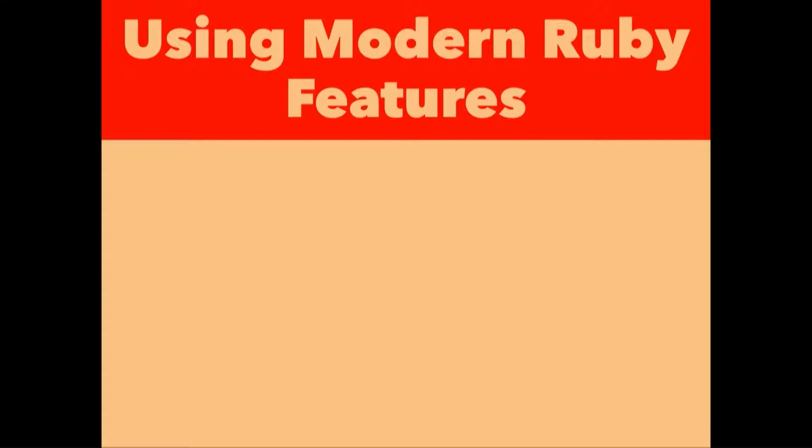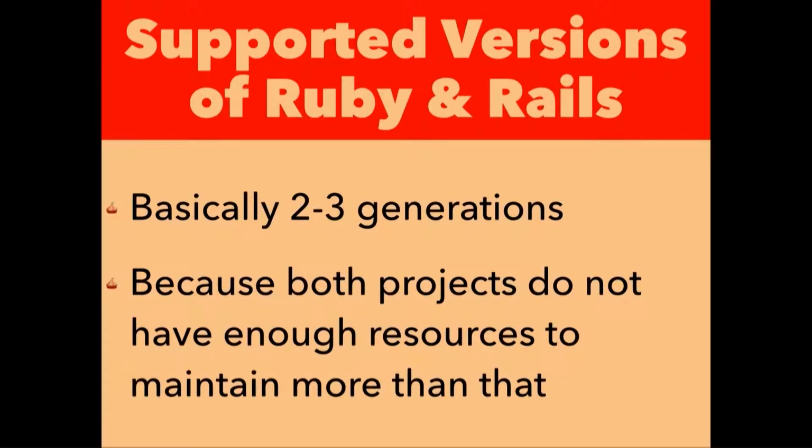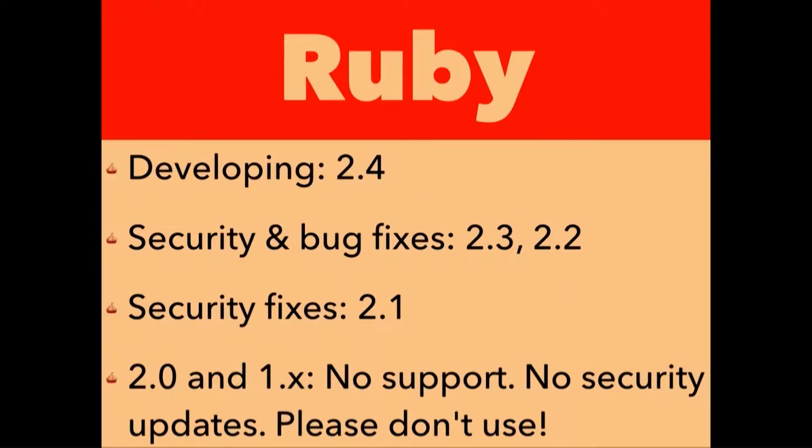The next topic is using modern Ruby features. What I call modern Ruby is basically 2-3 generations. Ruby and Rails support only 2 or 3 generations. So we're developing Ruby 2.4, and we're still supporting 2.3 and 2.2.